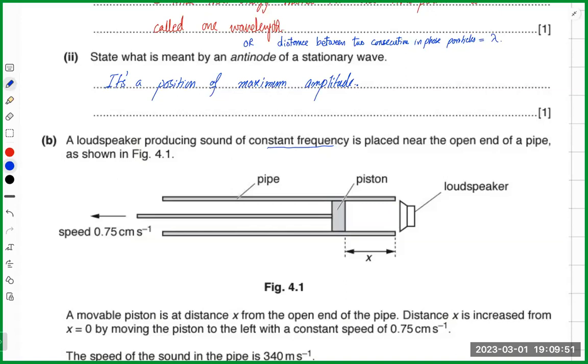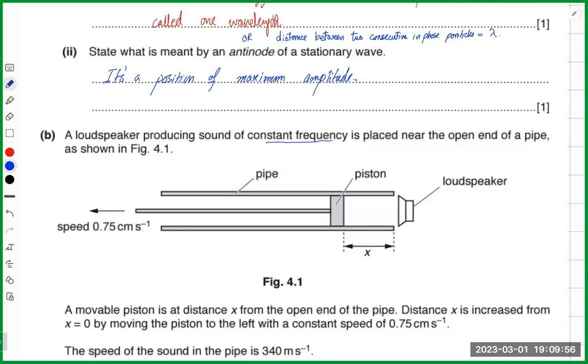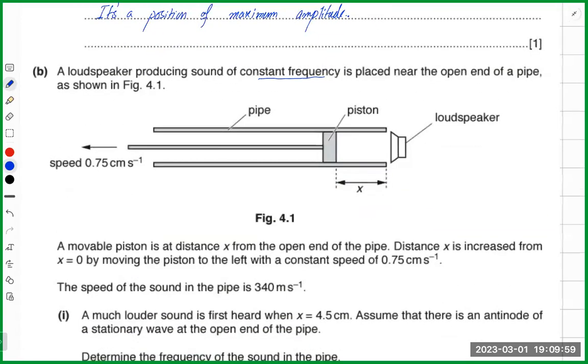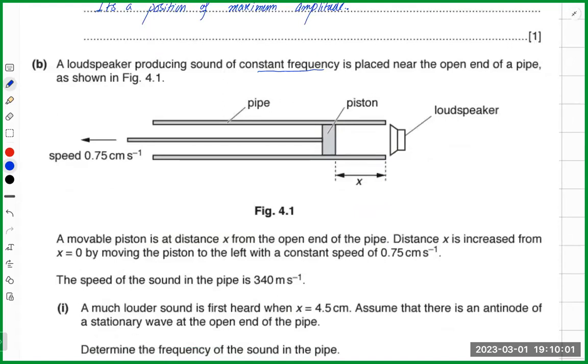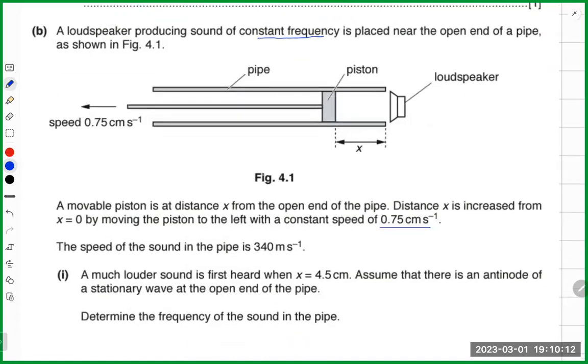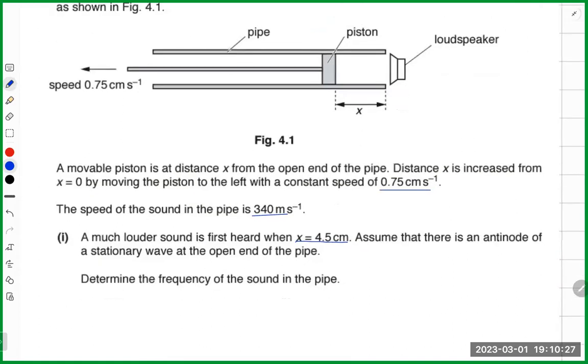So it is the same thing, instead of doing it with water, we are using a piston. The movable piston is at distance x from the open end of the pipe. Distance x is increased from x equals 0 by moving the piston to the left with a constant speed of 0.75 centimeters per second. The speed of sound is 340 meters per second. A loud sound is first heard at x equals 4.5 centimeters. Assuming that there is an antinode of a stationary wave at the open end, determine the frequency of the source.